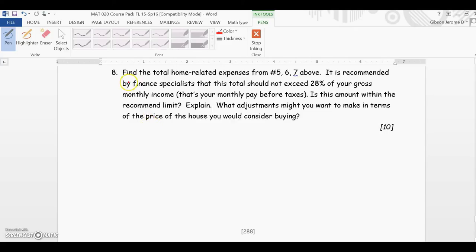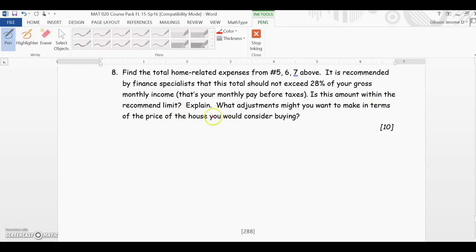Okay, now, class, for problem number 8, we have find the total home-related expenses from 5, 6, 7, and above. It is recommended by finance specialists that this total should not exceed 28% of your gross monthly income. That's your monthly pay before taxes. Is this amount within the recommended limit?